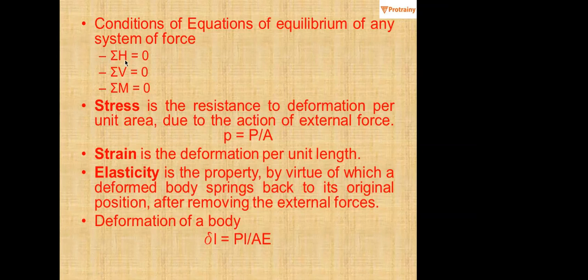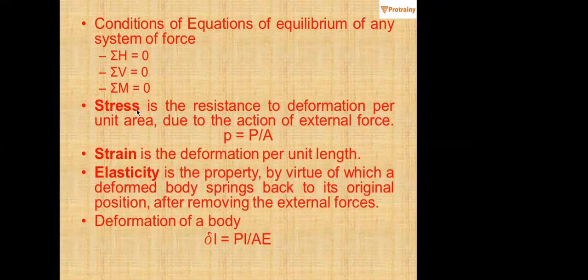All the horizontal forces, their sum has to be 0. All the vertical forces, their sum has to be 0, and all the moments, their sum has to be 0, in order to ensure the stability of a 2D frame. That is the conditions of equations of equilibrium.